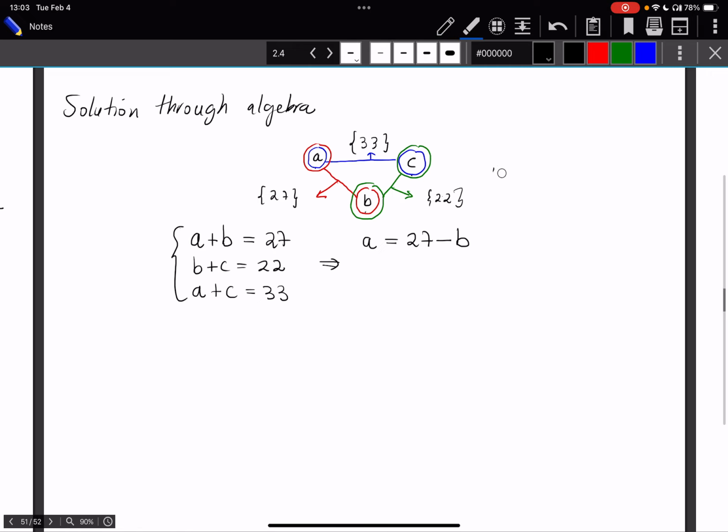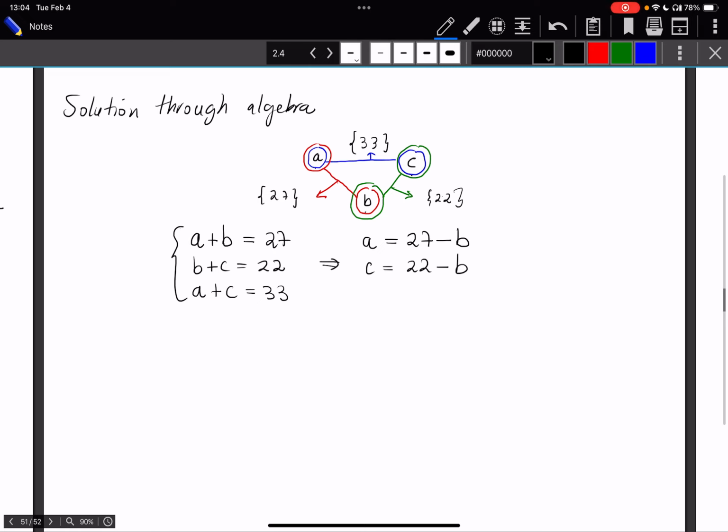So if B was fixed, we would be able to say that C would be 22 take away B. We can see that equation coming from solving for C. And another thing we did as we were guessing and checking is that once we knew the values of A and C, we added them up to check if we were getting 33.